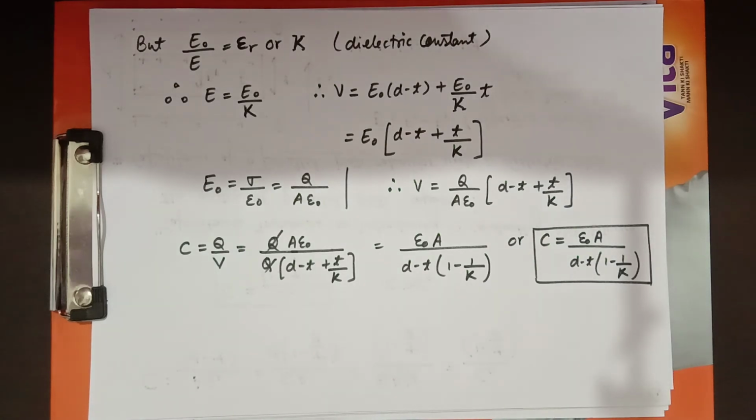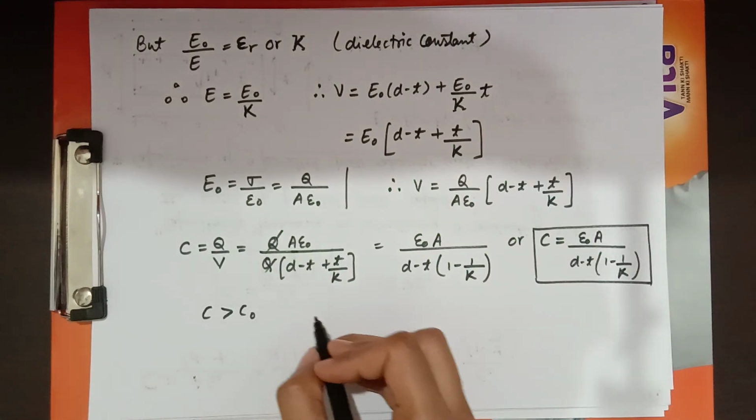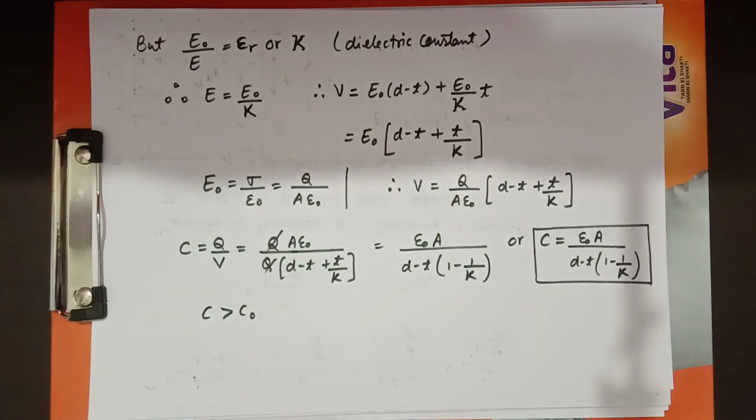So from the equation, you can see that on introduction of a dielectric slab between the plates of the capacitor, the capacitance increases, as C is greater than C naught. So we can say the capacitance increases.